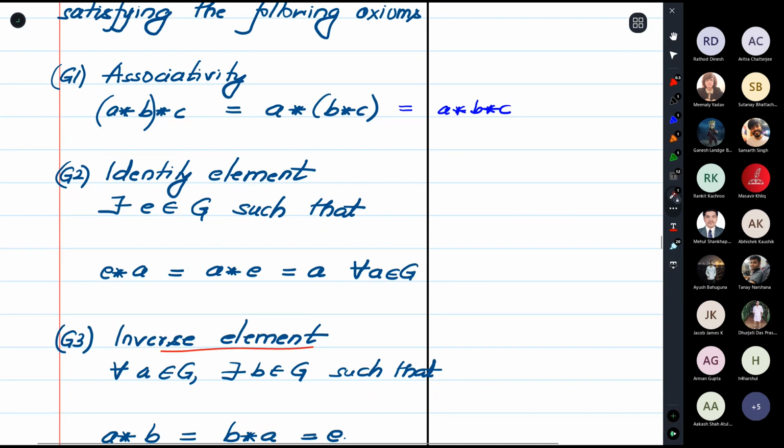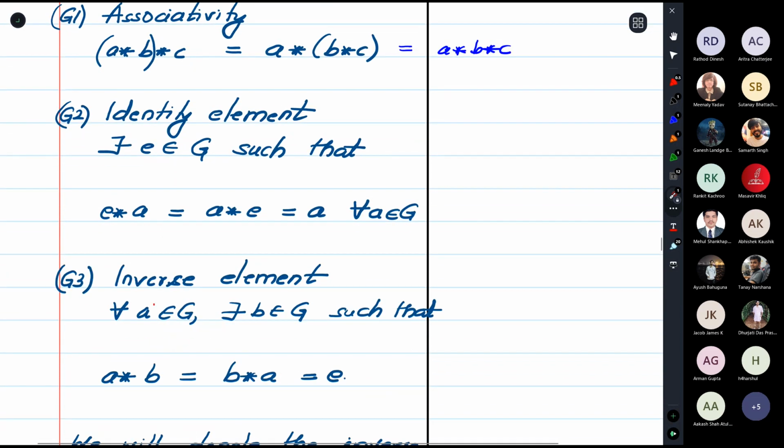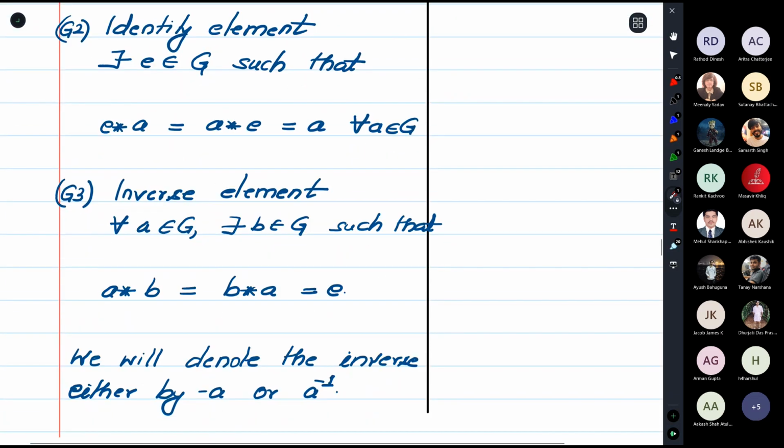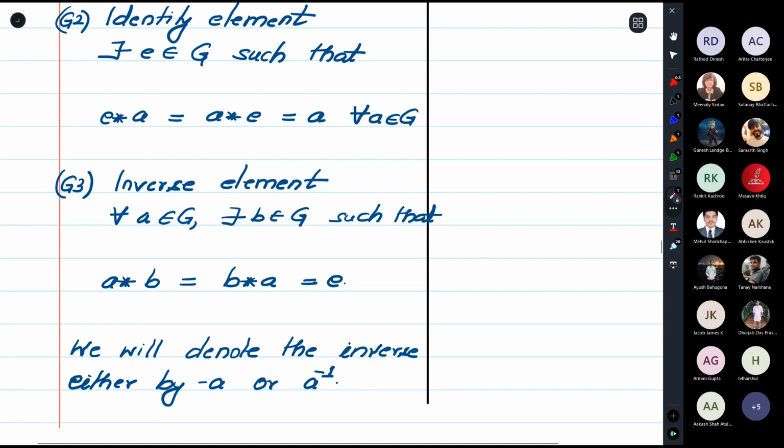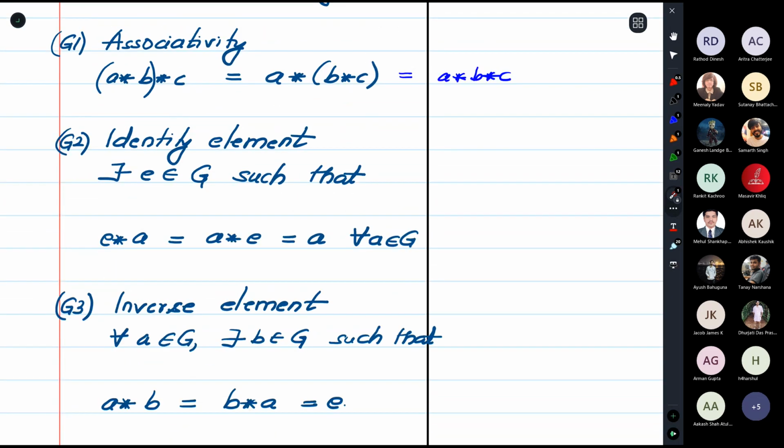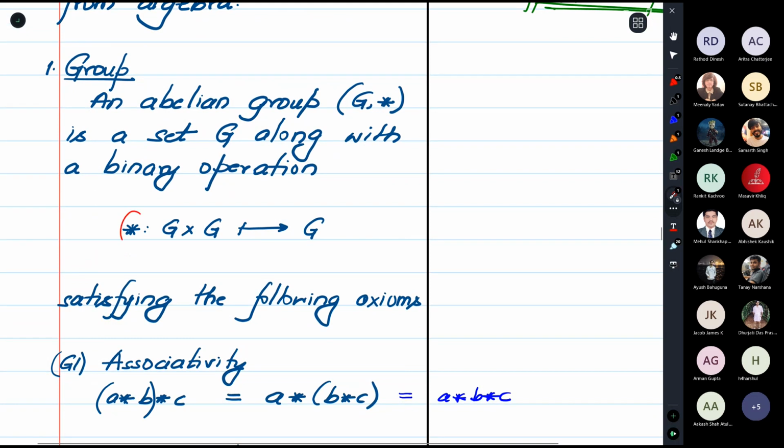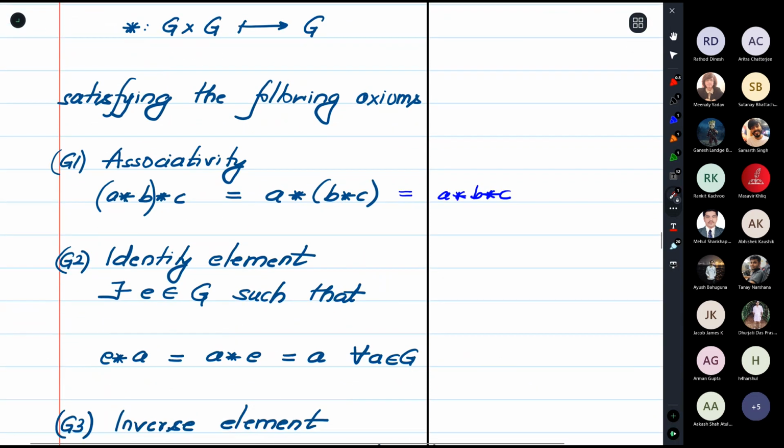The next property is that of an inverse element. This means that for every A in G, there must exist some B in G such that A times B, or B times A, however you perform the operation, is the identity element itself. Typically, we denote this inverse element either by minus A or A raised to minus 1, depending on whether we view the operation as additive or multiplicative in nature.